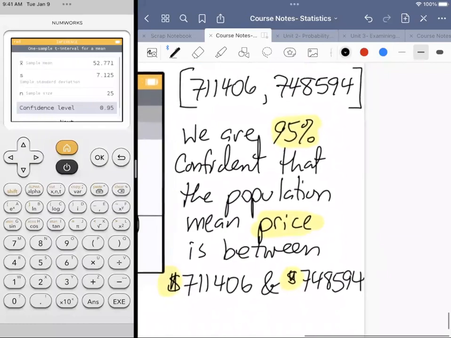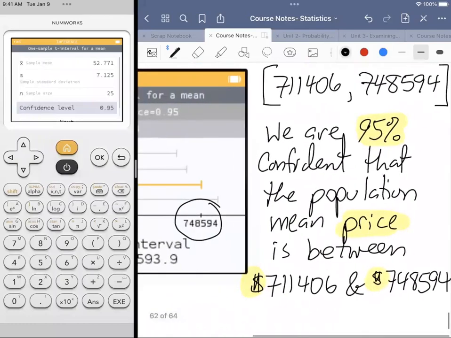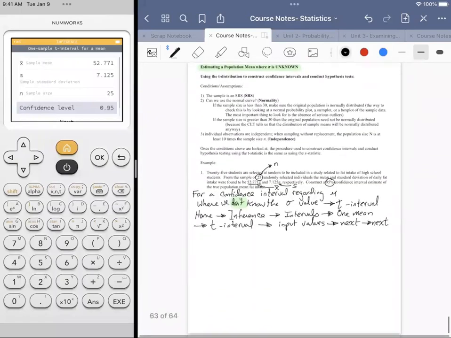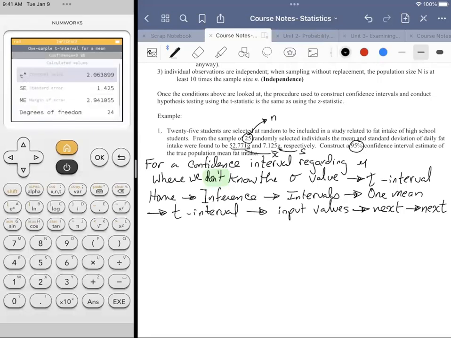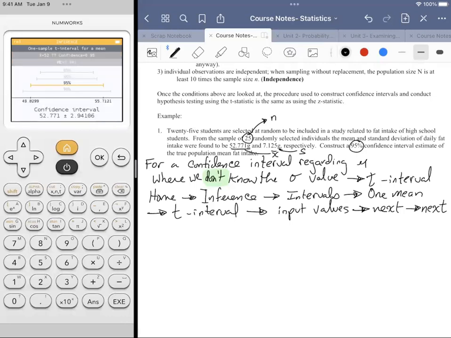The rest of it is just for instructional purposes. In this case, we're doing all this stuff, but it's happening behind the scenes, which makes it a whole lot nicer because we don't have to write any of this down. So go to next. Next again, and you have your confidence interval.